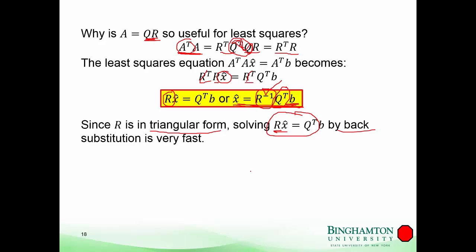So this becomes a very computationally efficient and fast way to solve the least squares problem. And it has very good so-called numerical properties. So it handles issues of round-off errors very well, and so on. So it really is one of the preferred ways of solving the least squares problem.